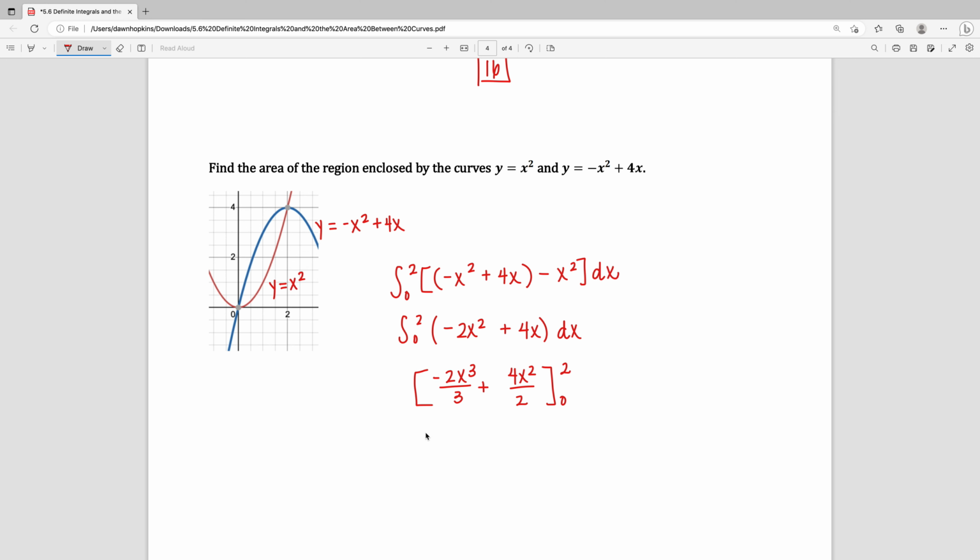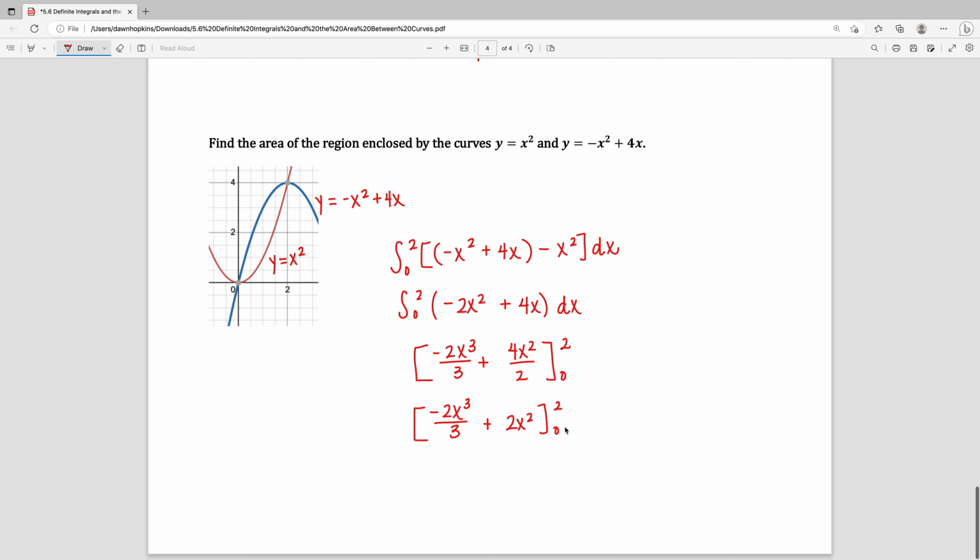It's negative 2x to the third over 3 plus 2x squared. And we're going to look at this from x is 0 to x equals 2, starting with the 2. 2 cubed is 8, so I have negative 2 times 8, or negative 16 thirds, plus 2 squared is 4, 2 times 4 is 8.